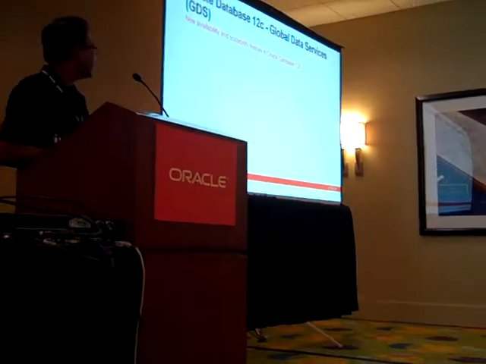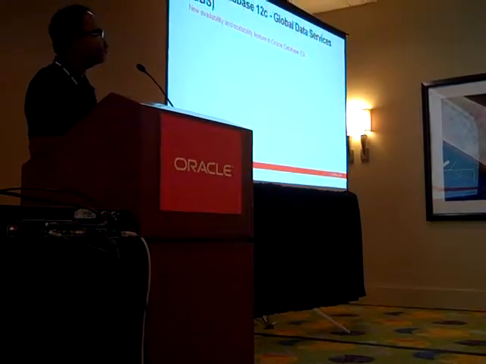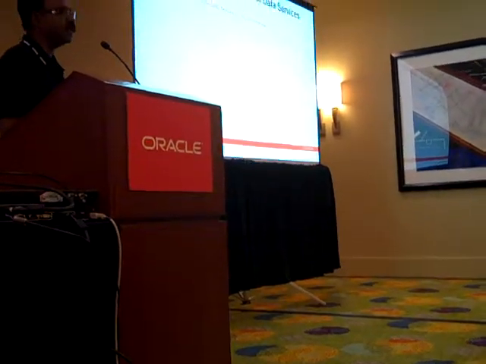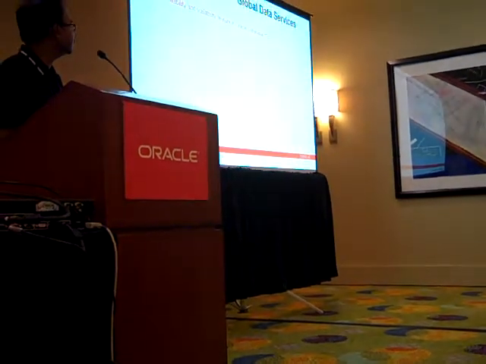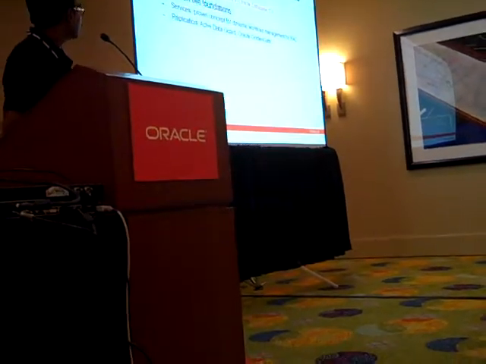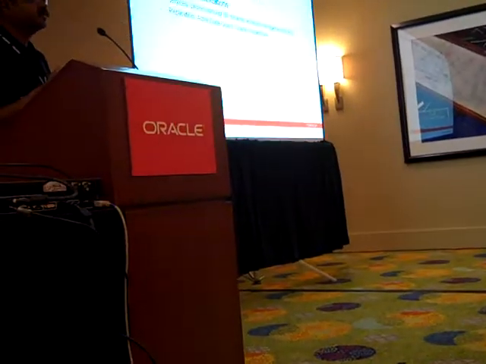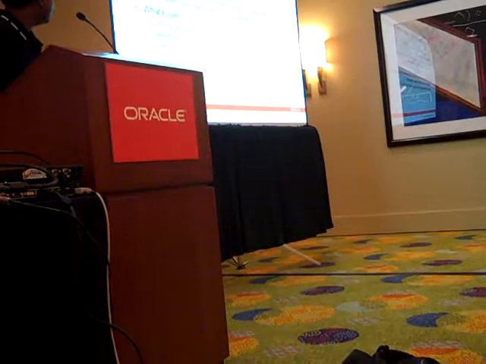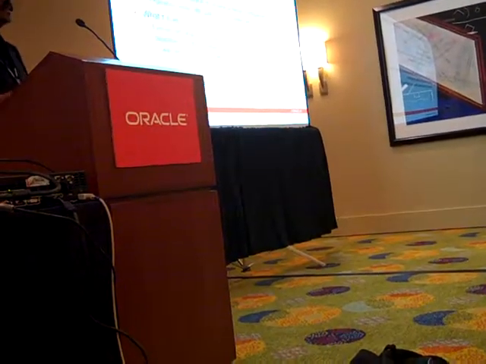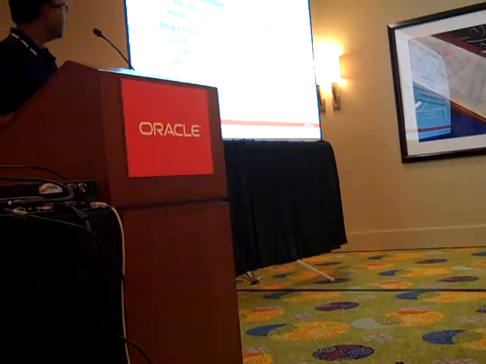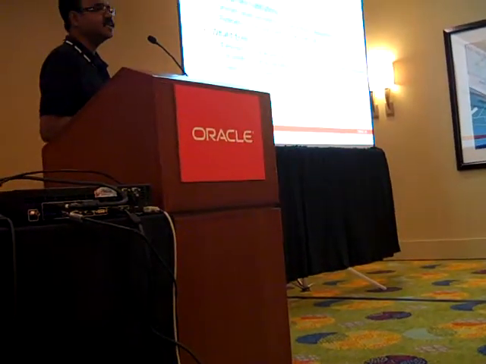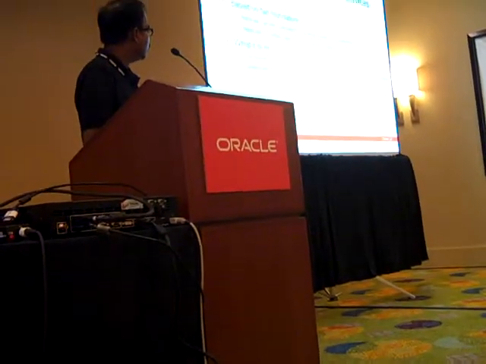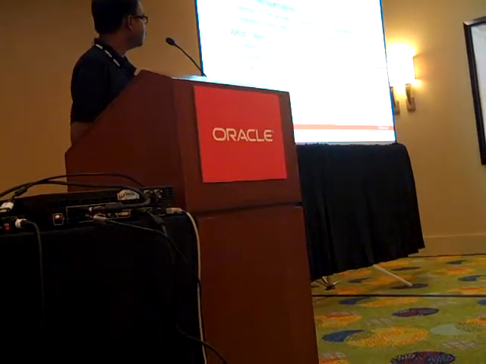To do this, we are introducing in 12c a capability called Global Data Service. It's a new availability and scalability feature, based on the two foundations of services and replication. It extends the RAC-style dynamic load balancing and connect time load balancing capabilities to a globally replicated database configuration.